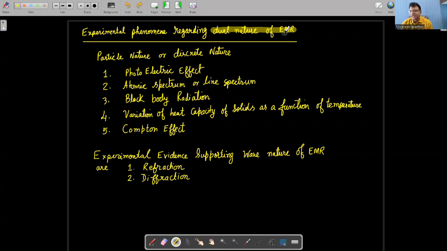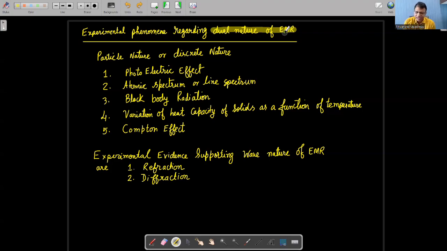Refraction and diffraction are the wave nature of electromagnetic radiations, but photoelectric effect, black body radiation, atomic spectrum, variation of heat capacity of solid with temperature, and Compton effect. There are 5 phenomena which are important, and they support the discrete nature of electromagnetic radiations.